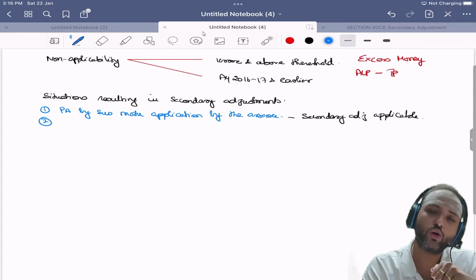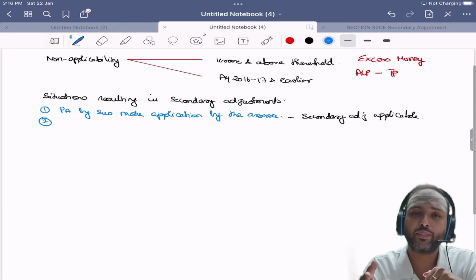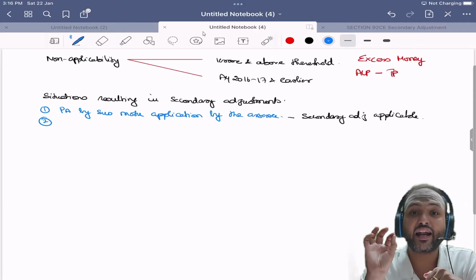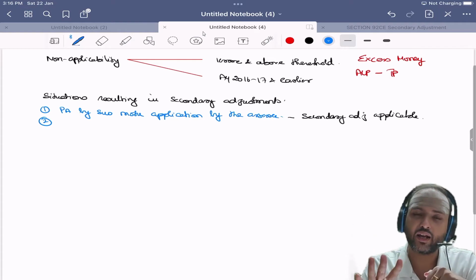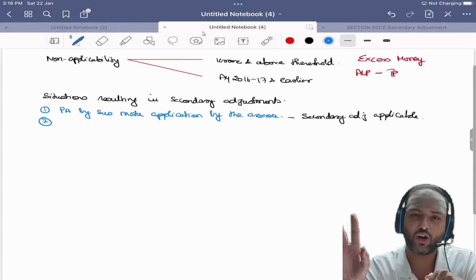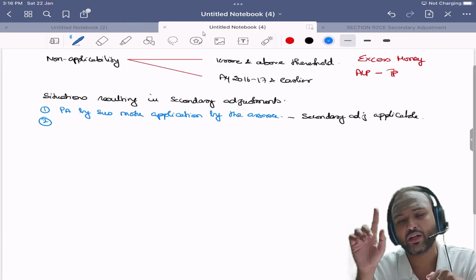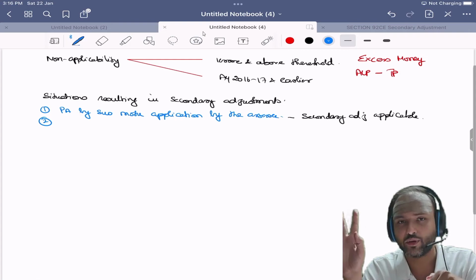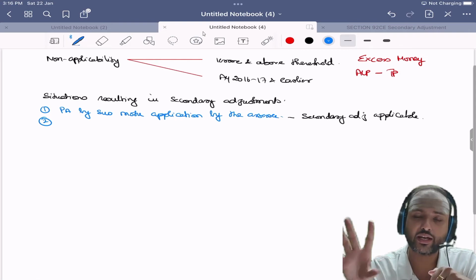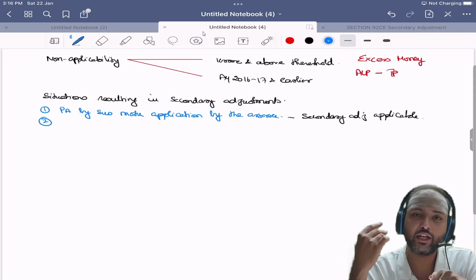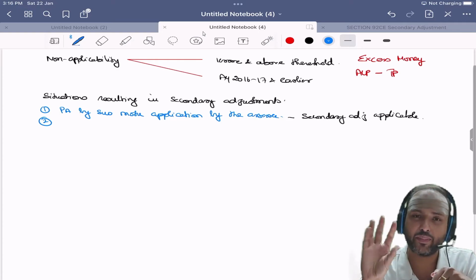Now, it goes to CIT appeal, you go on an appeal, the appeal is decided against you. You get the order as it was at the assessment order stage itself. Okay, you still don't accept, you go and file an appeal with the tribunal. At the tribunal also it goes against you, you accept and then you pass the primary adjustment by paying tax on this.